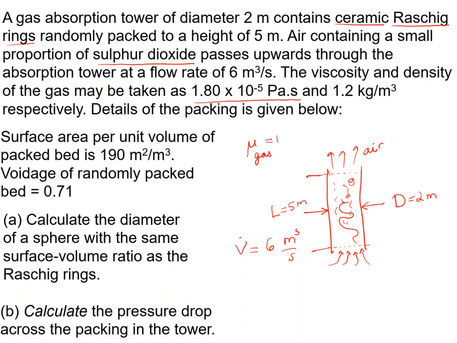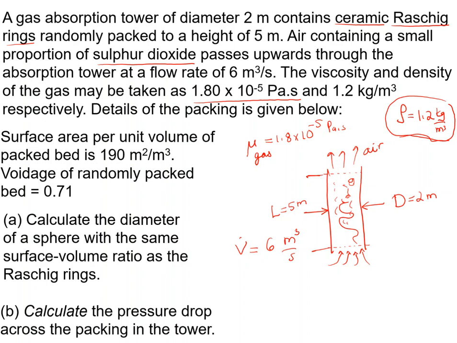And the density of the gas is equal to 1.2 kilogram per meter cube. At least you shouldn't be surprised when you see this value. This is close to the density of air, if you remember from chapter 2, and this is mainly air with a little bit of sulfur dioxide. Now he's giving us more data.